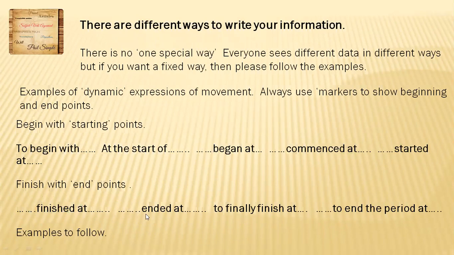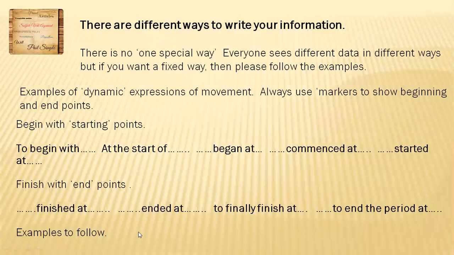Or male students ended at 50,000. To finally finish at, then there's a number. Remember, at means a number, in means a time. In 2001, in 2002. At is always followed by a number, not a year or a time.